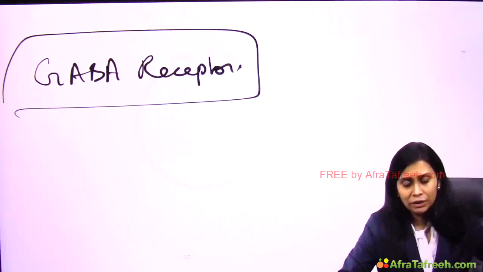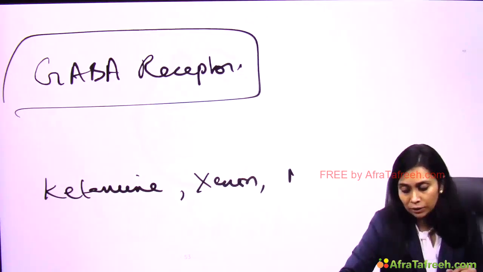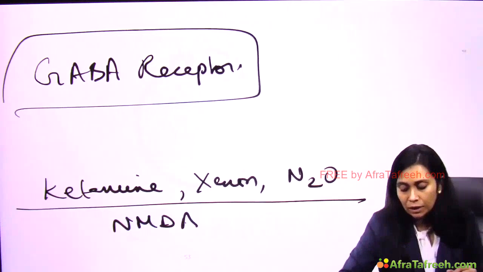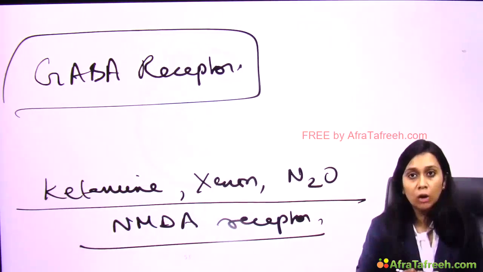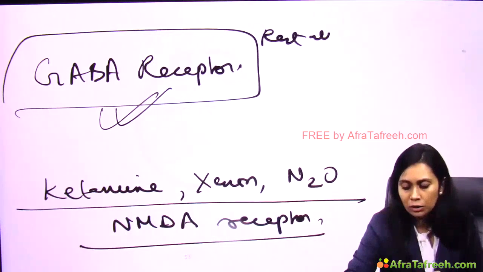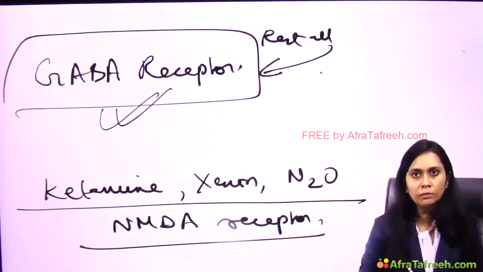In fact, three agents: ketamine, xenon and nitrous oxide. These three act on the NMDA receptor, N-methyl D-aspartate receptor. Got it? Rest all anesthetic agents act on the GABA receptor in the brain. Okay? Fine.